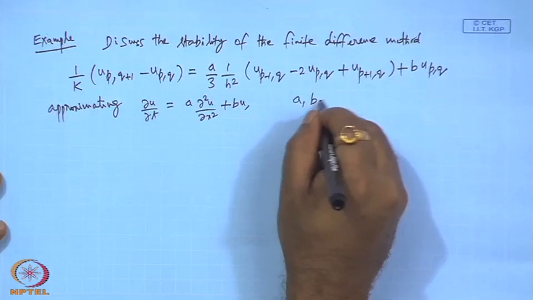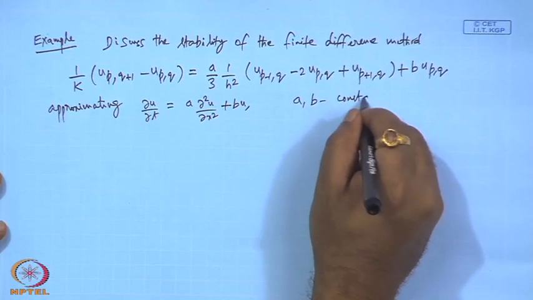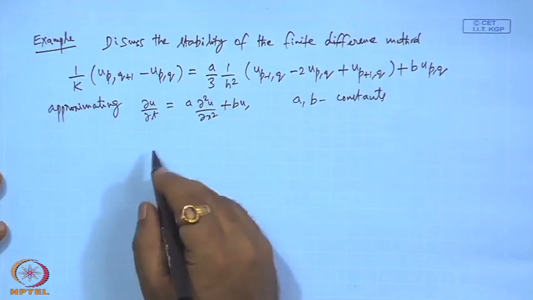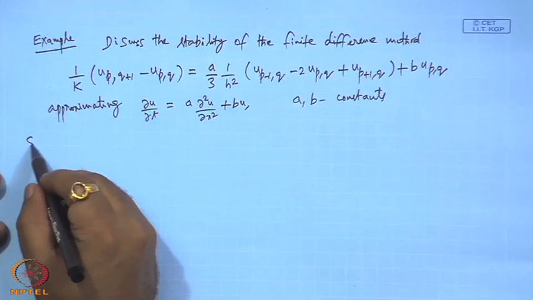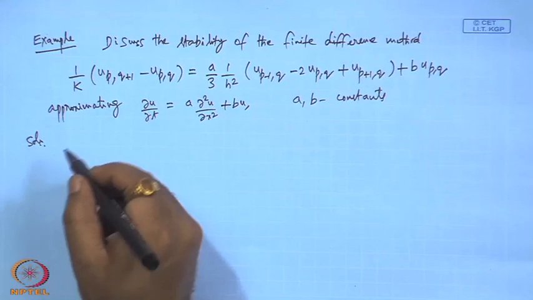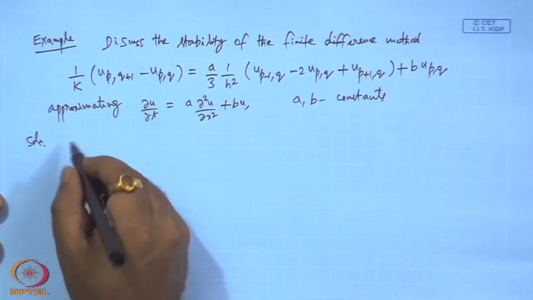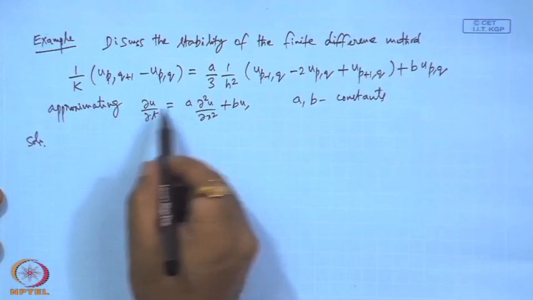So, here A and B are constants. Okay. So, again we do the same process.